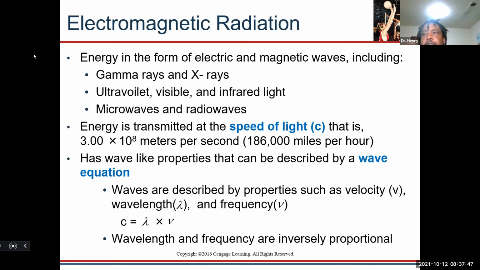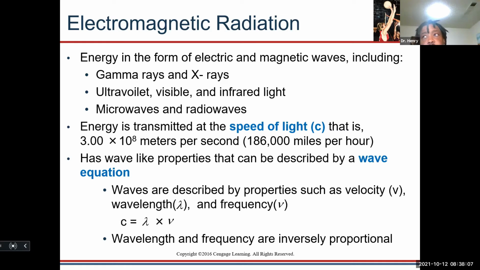UV stands for ultraviolet. We have visible light, white light, infrared light, and radio waves, like when you bump the radio while driving down the road. Those are all examples of energy.